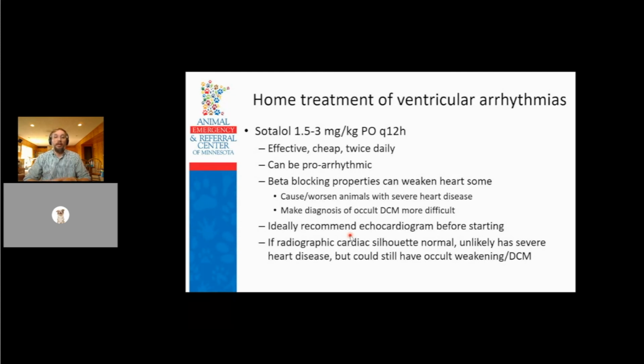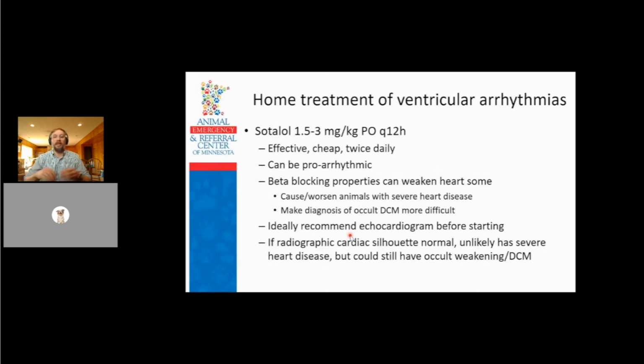Now, I know echo availability is a problem right now. So if we're in a position where we can't echo, I think chest x-rays can be helpful. If the cardiac silhouette is normal, they probably don't have severe heart disease, and you're probably not going to cause congestive heart failure by starting it. But they could have occult DCM.